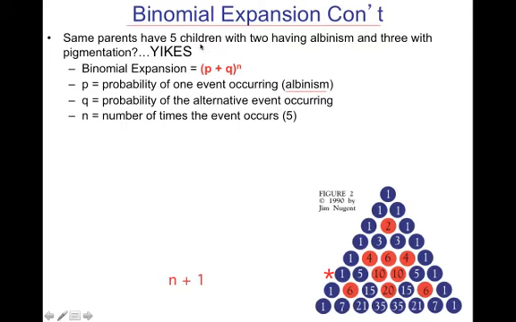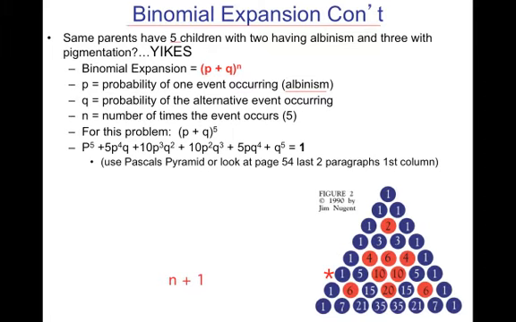N is the number of times. In our problem here, the number of times is going to be 5. So for this problem, it's p plus q raised to the 5th power. If we break this down, we have p5, and I'm not going to read these all to you because you can read just as easily as I can.